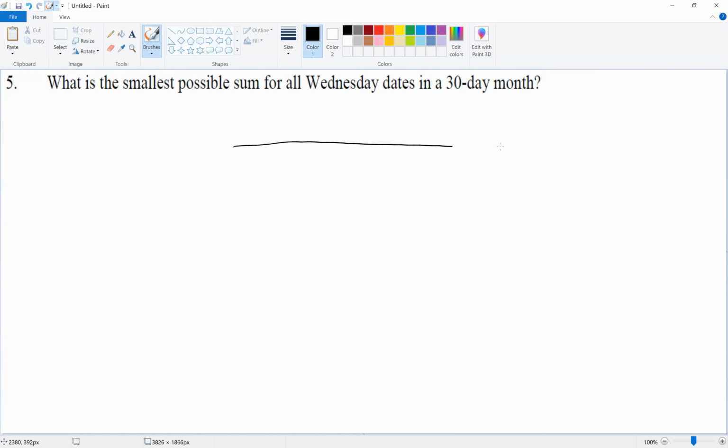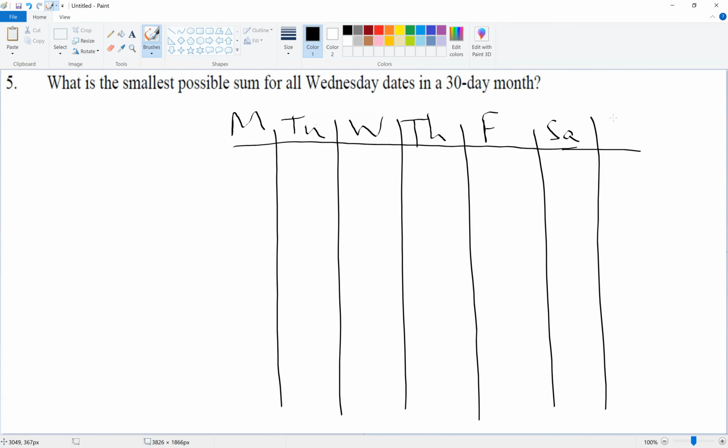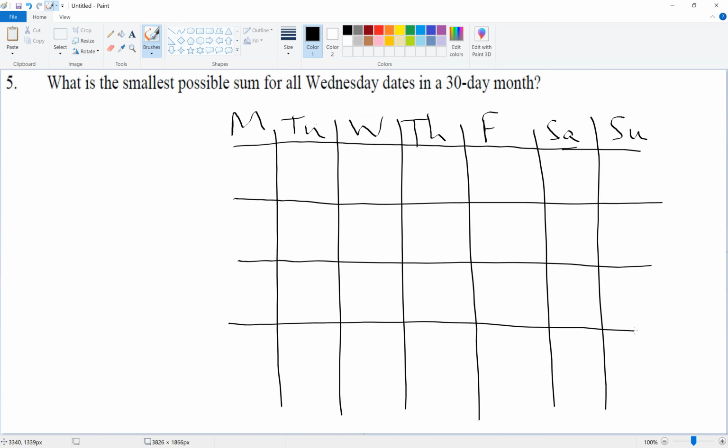So basically, I drew myself a calendar of 7 columns and 5 rows. Since it says Wednesday dates in a 30-day month, I started the first day of the month on the first Wednesday, and then I went from there, in order, 2, 3, 4, 5, 6, 7, 8, 9, 10, and so on.